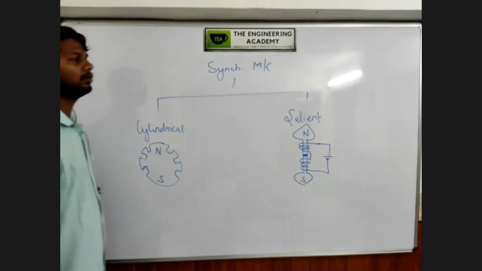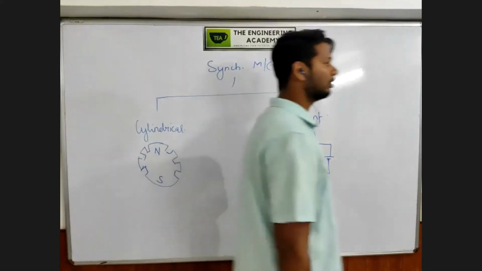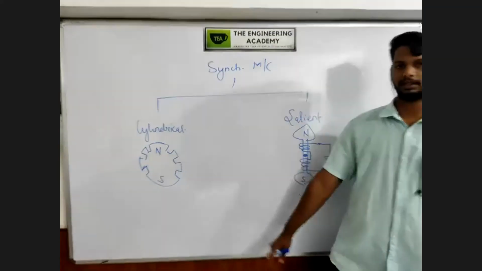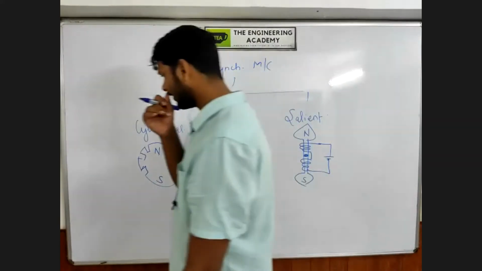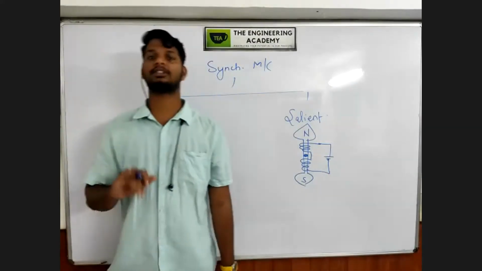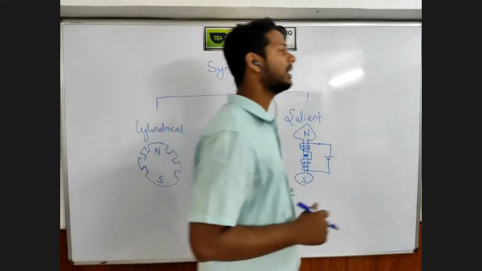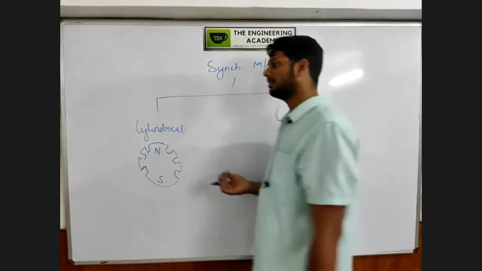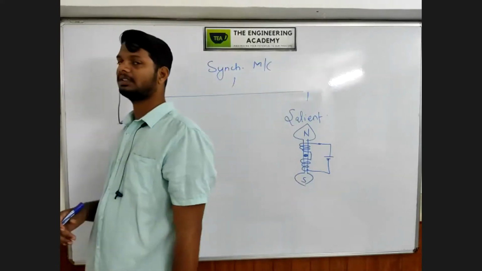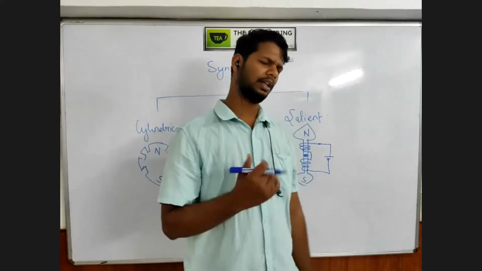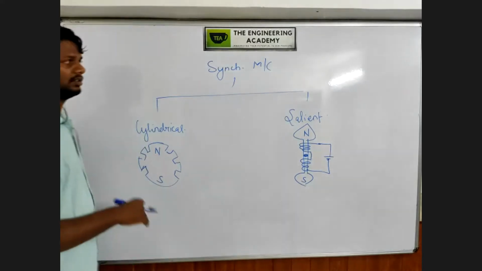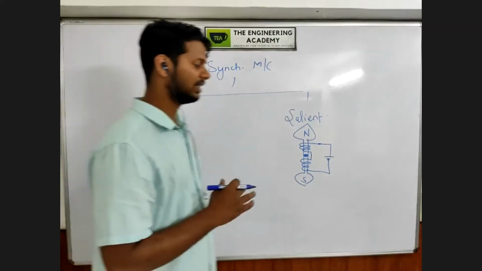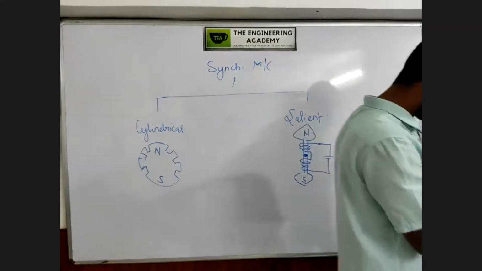If these two are given to the machine, the synchronous machine will rotate. So the synchronous machine is also called a doubly excited machine. All the other machines are singly excited, but the synchronous machine is doubly excited, whether it is a motor or a generator.